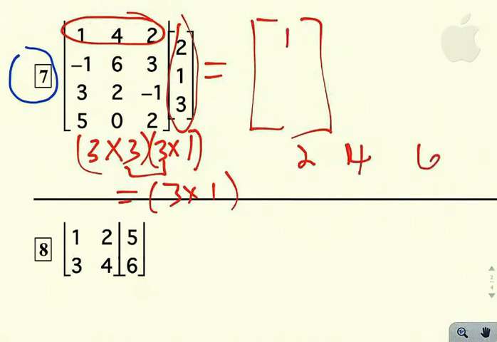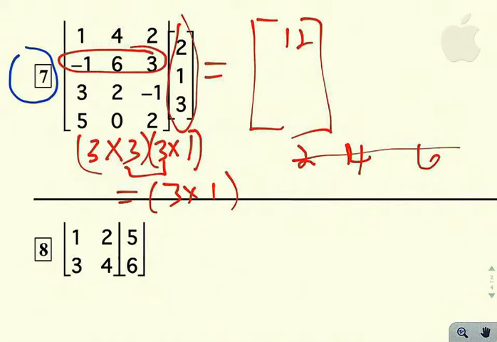Add them up, you get 12. Now we multiply the second row by that column, and the first numbers would be minus 2, second number is 6, last number is 9. So we would have 13.